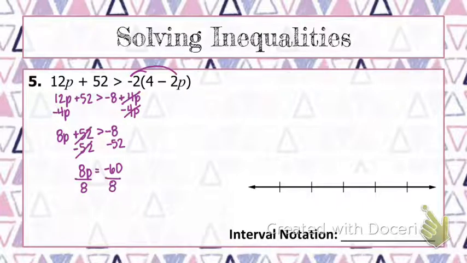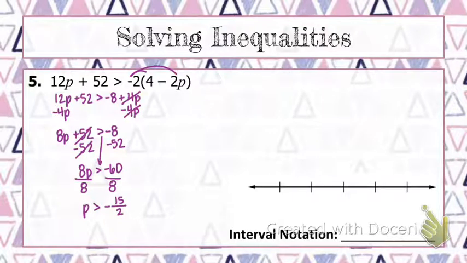And, oh, I put an equal sign. Don't make that mistake. That's not equal to, it is greater than. Okay, divide both sides by +8. And we get p is greater than -60 over 8, which reduces to -15 over 2.